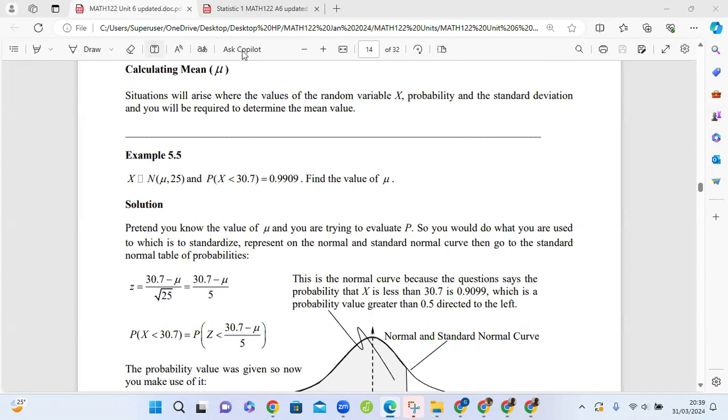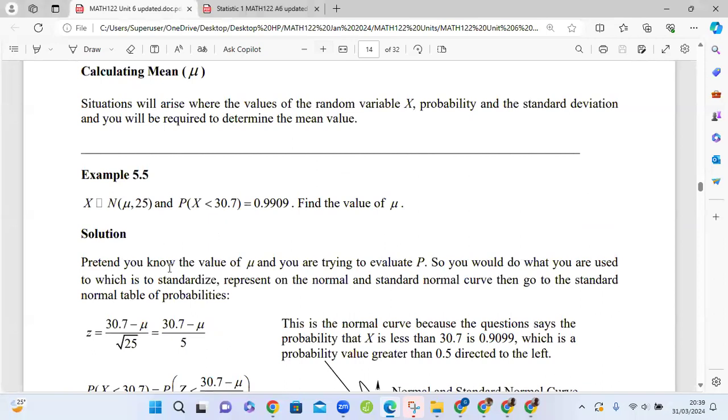So for starters, in this solution, it says, when you've got such a situation, pretend you know the value of mu and you are trying to evaluate p. So you would do what you would obviously have done if you knew what mu was, if you knew what x was, and if you knew what sigma is, you would basically standardize.